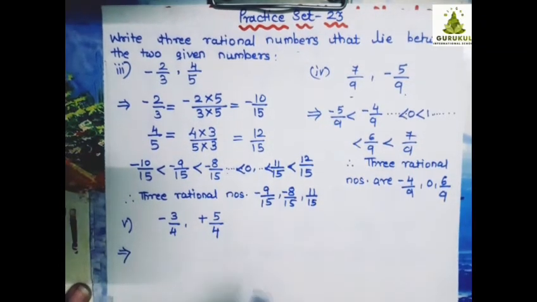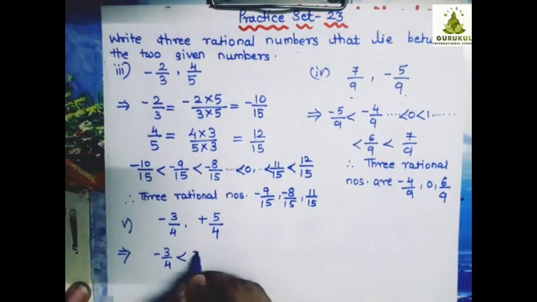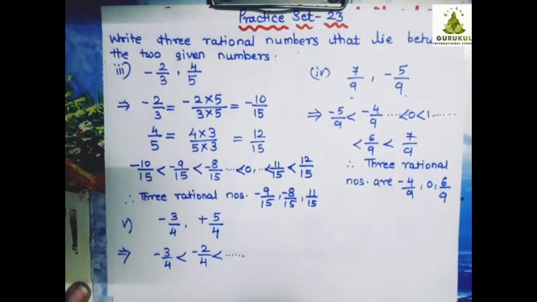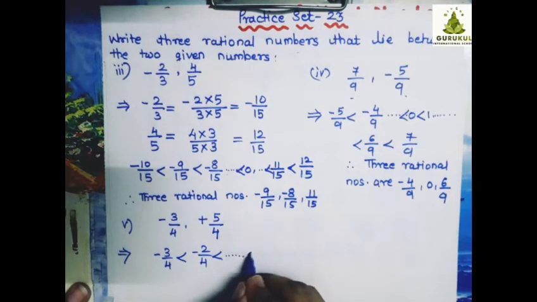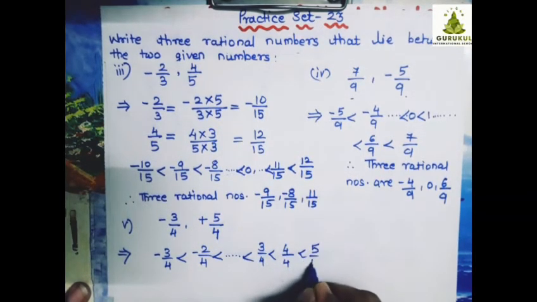So it will be minus 3 upon 4 is less than minus 2 upon 4 is less than, and so on. So it will come minus 3 upon 4, 4 upon 4, 5 upon 4.